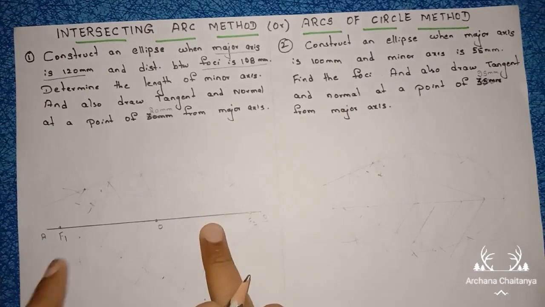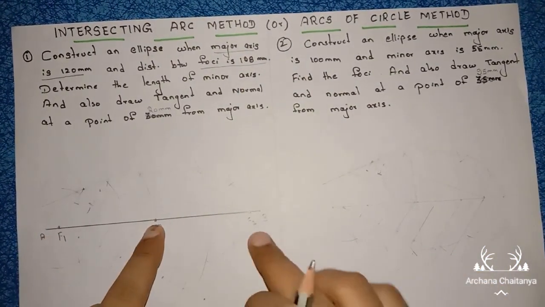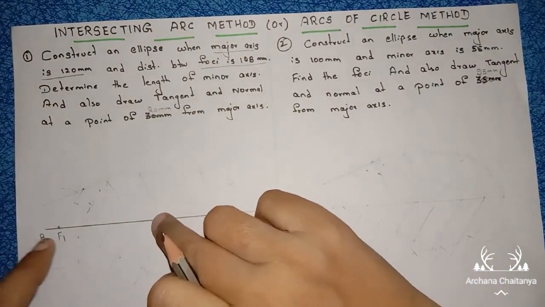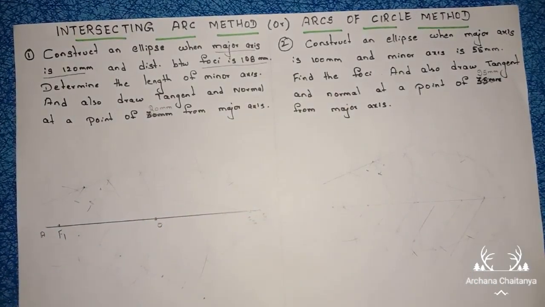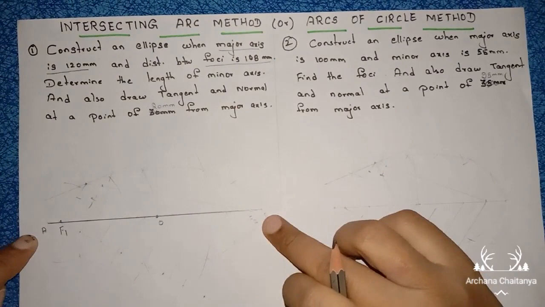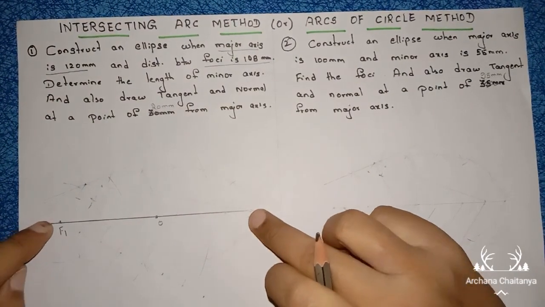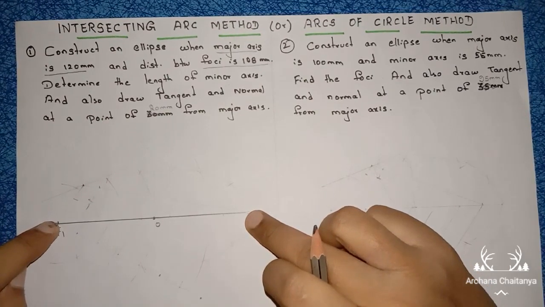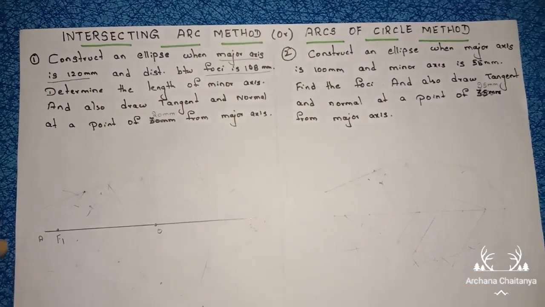Now you see, 54 plus 54 is 108, so F1F2 distance is 108. AB is the major axis, length 120 mm. F1 and F2 are focus points, and the distance between them is 108 mm.